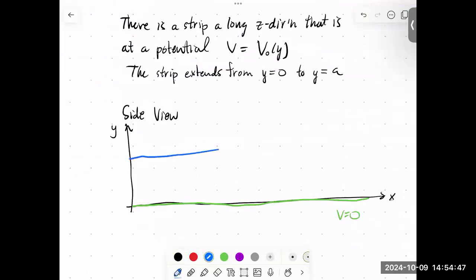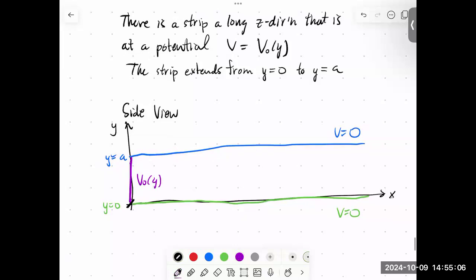Here's the other plane. This sits at v equals 0. This is at a height y equals a. Over here, we have y equals 0. And then we've got our purple strip here at a potential v naught of y. And there's some kind of insulation between these pieces, so charge can't flow between them. That's the geometry.